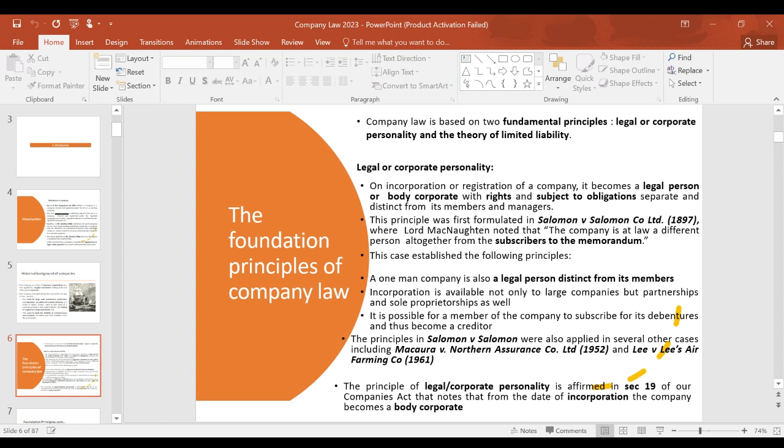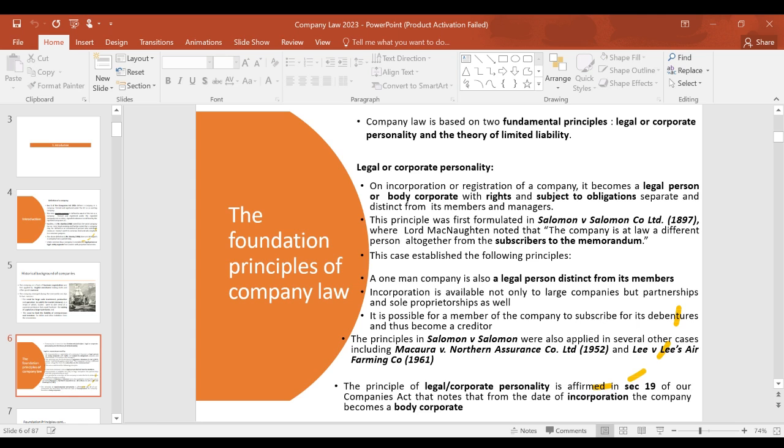When we say a company is a legal or a corporate personality or a juridical person, it means that a company is subject to obligations, it has its own rights, and its duties. So the company can sue or be sued and is completely separate from its own members.